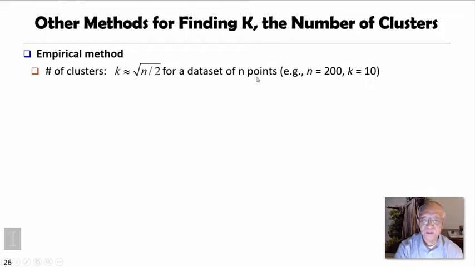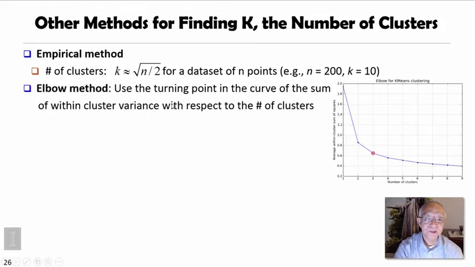Of course, this may work out for a small number of points. If you get a really big number of points, for example 2 million points, then you get a K of 1,000. Probably you may not want 1,000 clusters even for 2 million points.